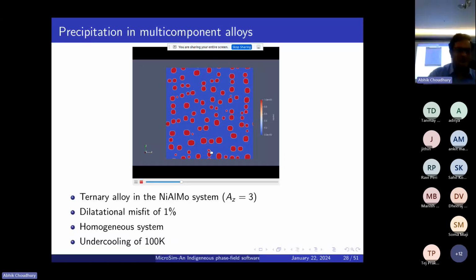The question from these simulations is, what is the volume fraction after a given time of heat treatment, which can be correlated to classical metallurgical properties like strength, creep strength, hardness, all of these. Once you are able to correlate these to the microstructural features, it gives you a strong handle on how to control and design your heat treatment.